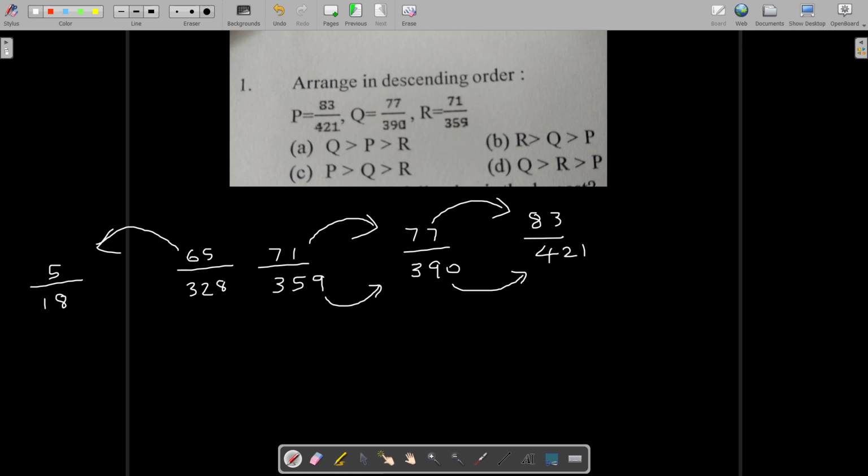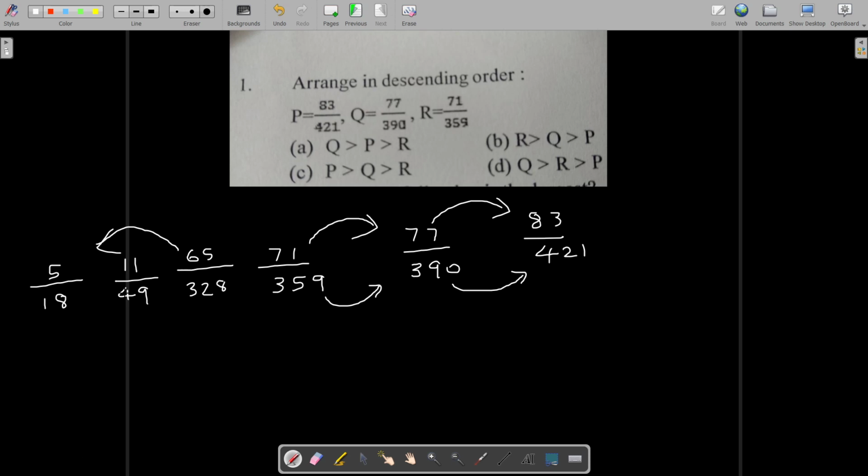Now the next such fraction increases 6 in the numerator, you get 11, and increases 31 in the denominator, 49. To find the answer to this question, you just have to compare 5 by 18 and 11 by 49.